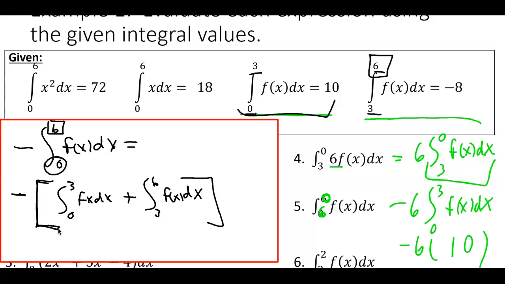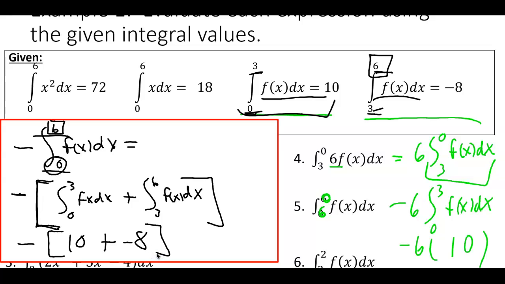Since I'm going from 0 to 6, if I put these two together, that gives me 0 to 6. If I go from 0 to 3 and then from 3 to 6, that's the same thing as just going from 0 to 6. Okay, so now we just have to plug in our stuff. We have 10 plus negative 8. So that's going to be 2 with a negative in the front. You end up with negative 2 as your answer.